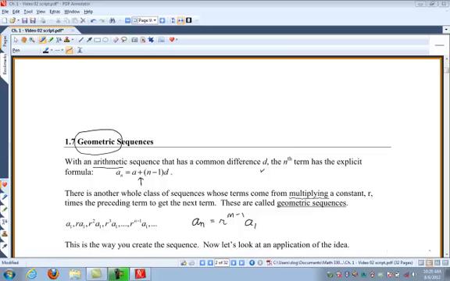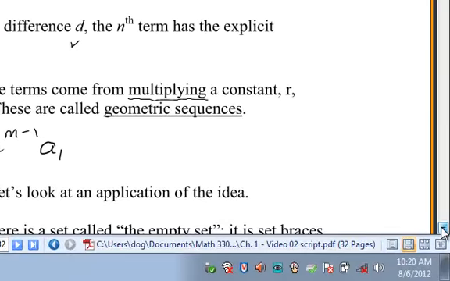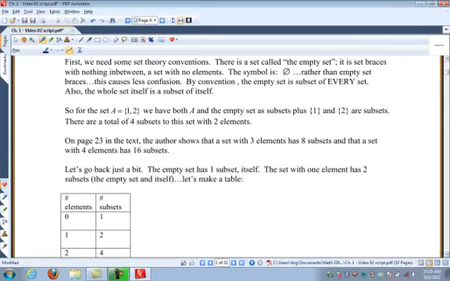This is the way you create the sequence. Now let's look at some preliminary information and an application of this idea.